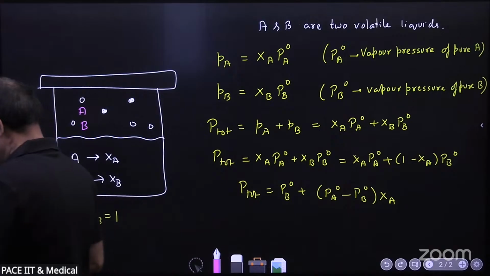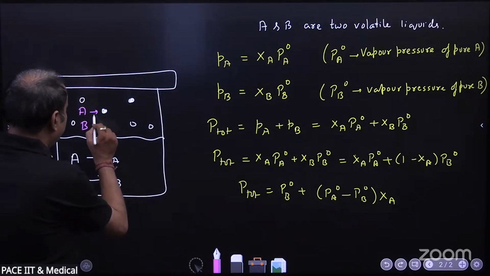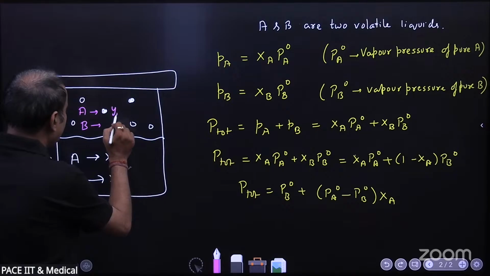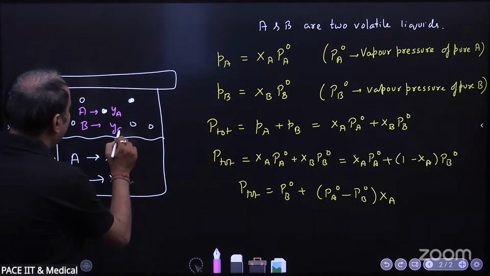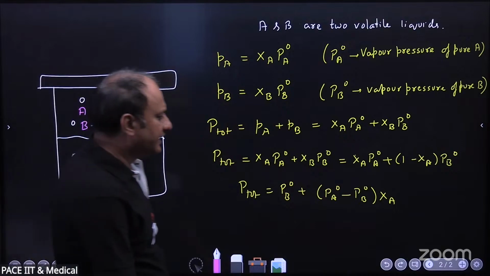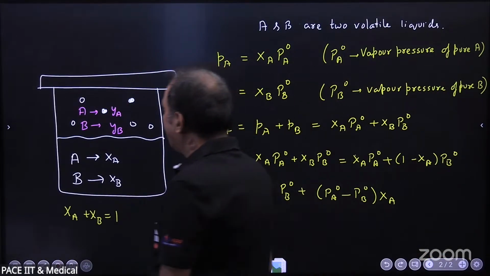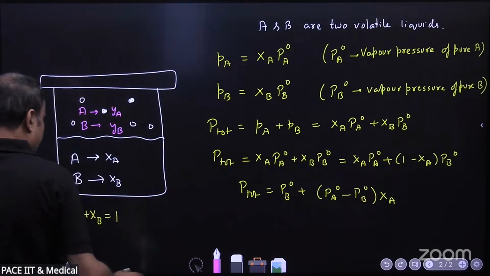Correct? So let's say in vapor form, mole fraction of A and B are given as YA and YB. Clear? So how can we find YA and YB?